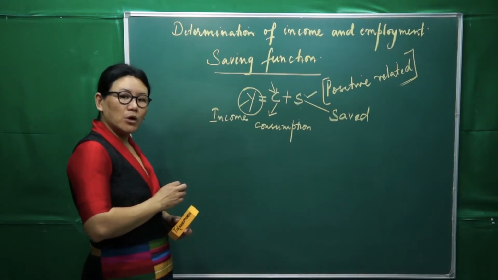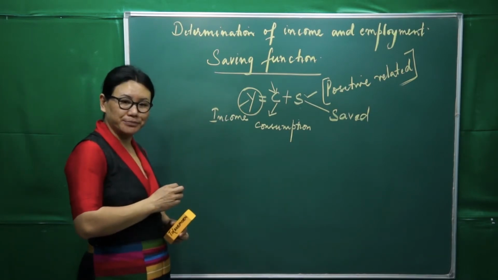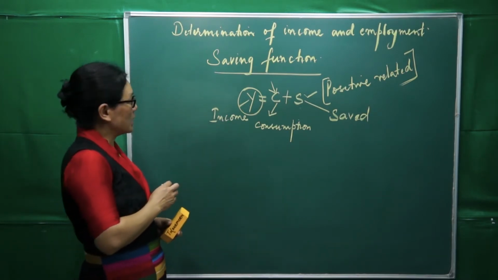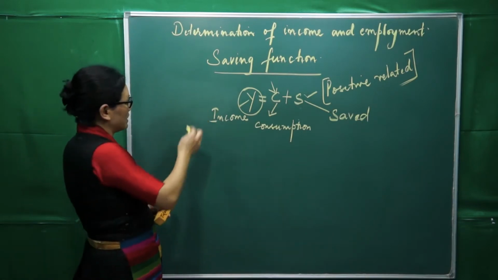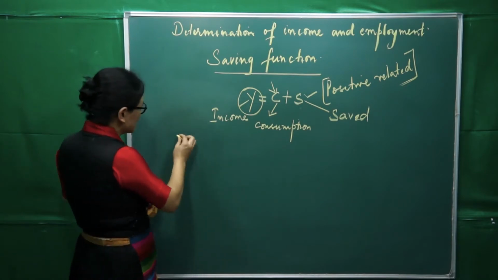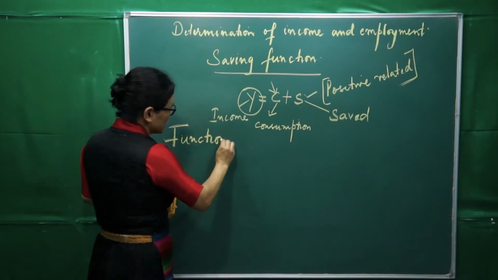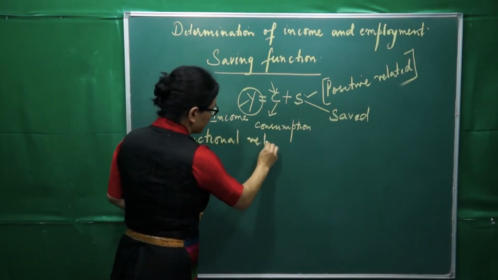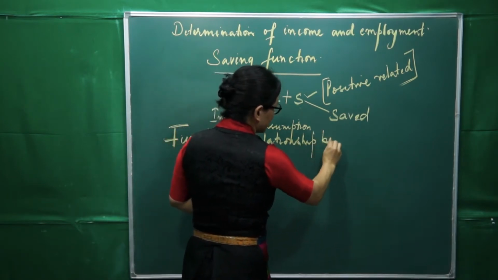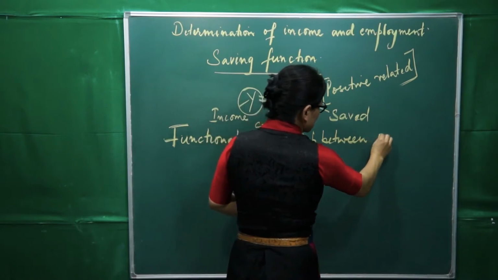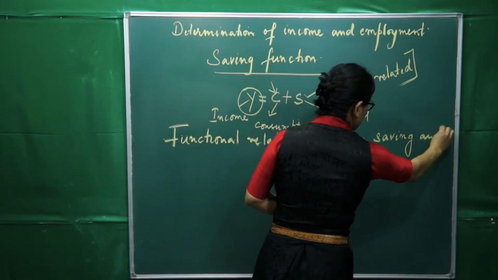Now, we go for the saving function. The first topic is the saving function. What is the saving function? It is a functional relationship between saving and income.